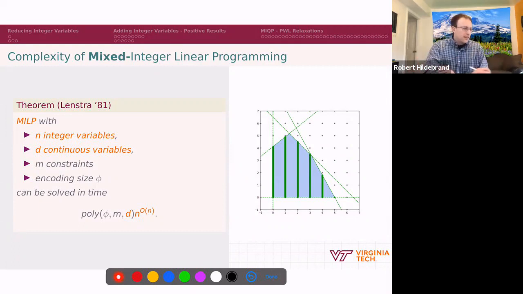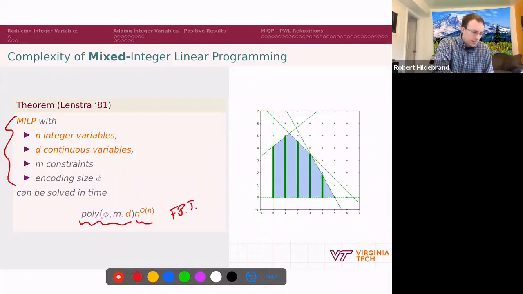What it says is that you can solve mixed integer linear programs with some complexity that's polynomial in the encoding size, the number of inequalities, and the number of continuous variables. Then you have some exponential term in terms of the number of integer variables. This is something you'd call fixed parameter tractable: I can fix any n and it doesn't change the polynomial dependence on the rest of the complexity.